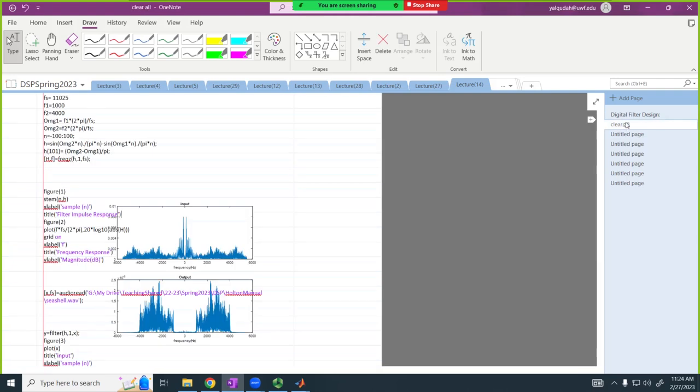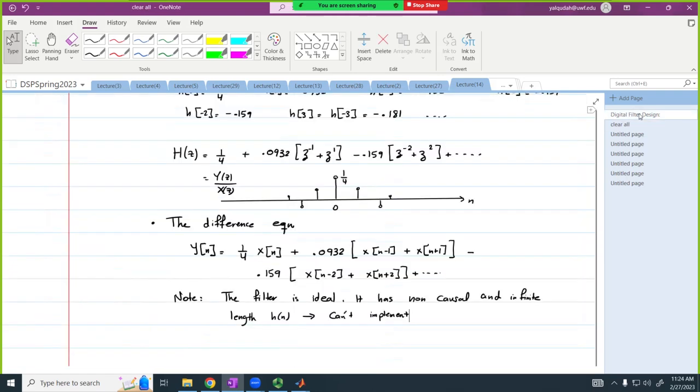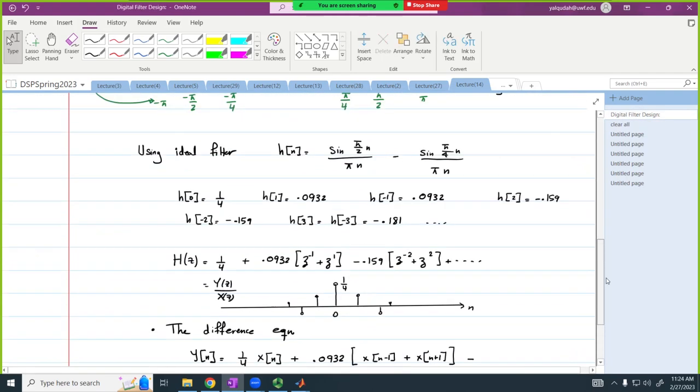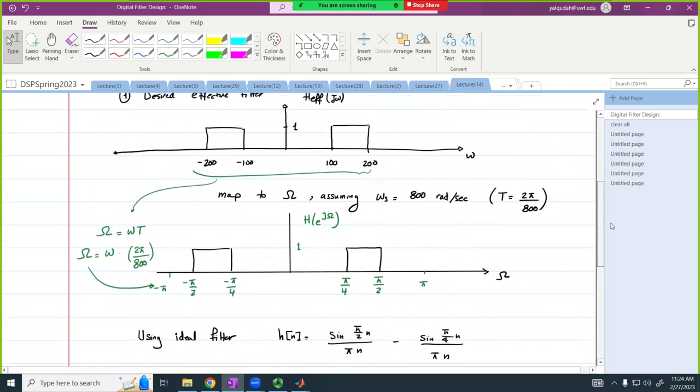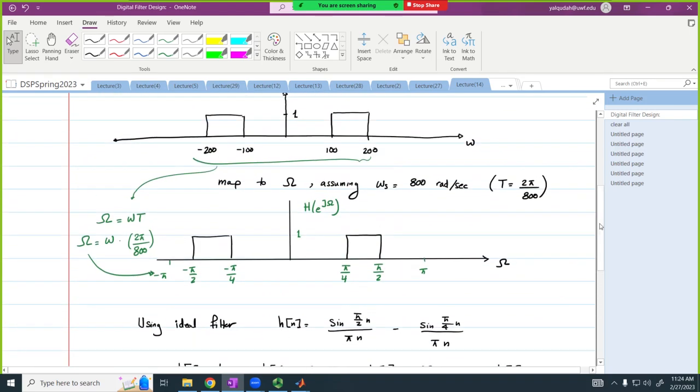Okay. Now, one thing I want to emphasize, going back to our example, is the following. Once we design our filter for a certain sampling frequency, that filter will have this effective response that is from 100 to 200 only at that sampling frequency.